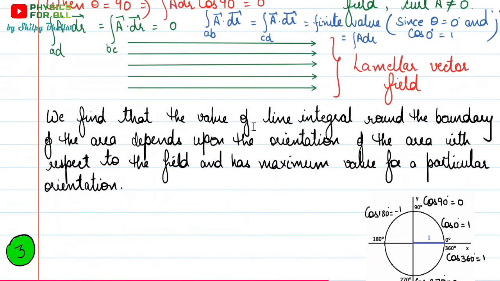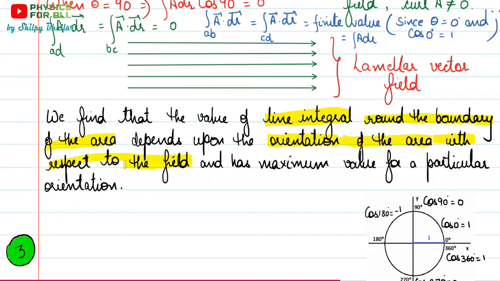And now this statement is very important, which states that we find the value of the line integral around the boundary of the area. Yes, what we did was we found the line integral around the boundary of the area, and the area was a rectangle. So it depends upon the orientation of the area with respect to the field.